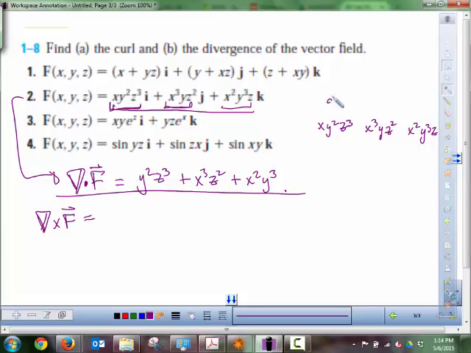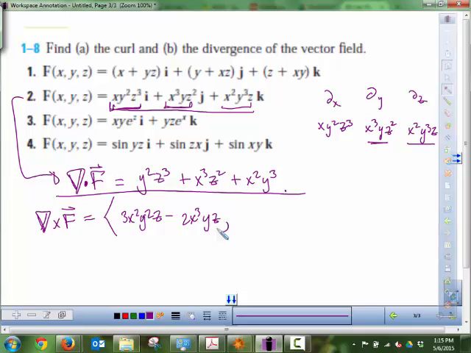And then I want the partial with respect to x, y, and z as my cross product. The first term is going to be the derivative of the last component with respect to y. So that's 3x squared y squared z, minus the derivative of the second component with respect to z, that's 2x cubed y z. So that's one of them.